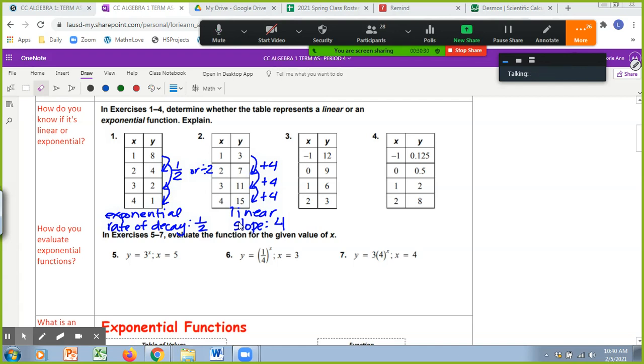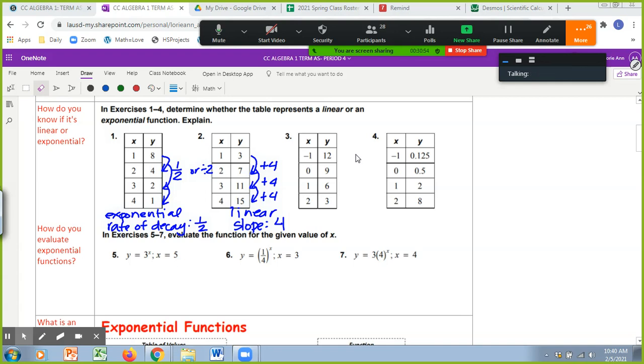Do you see the difference between the two? If you divide or multiply, it's exponential. But if you add or subtract, it's linear. If the change is a number being added or a number being subtracted, it's linear.